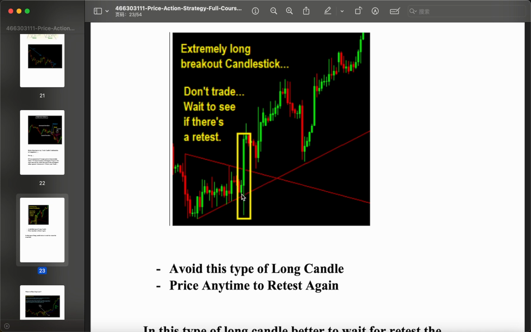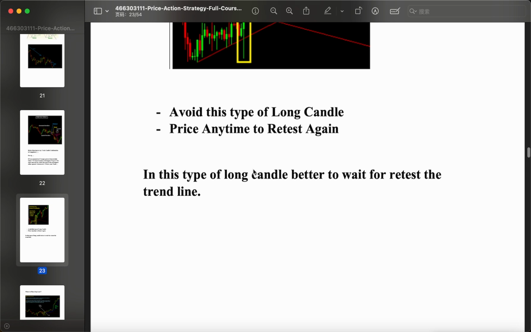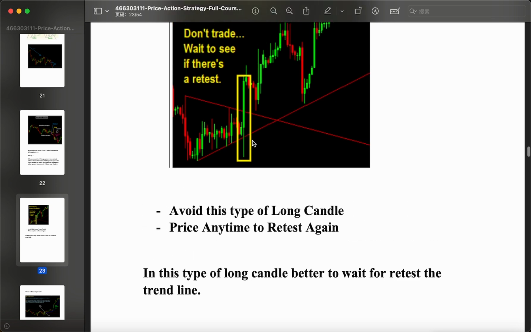So we see, even though the market has strong buying power, the market retraces back a bit and then it bounces back. So be careful not to jump into trade so quickly. We have to avoid this type of long candle because it could be a trap.